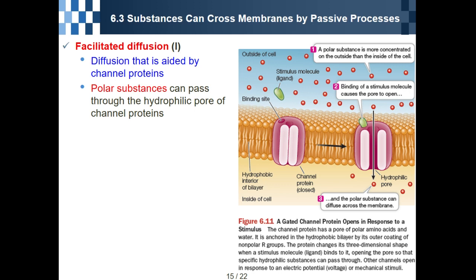At that time, for example, the concentration of this substance is higher here and very low here. So this molecule can diffuse, okay, to make the equilibrium. So polar substances can pass through the channel protein, which is very hydrophilic.